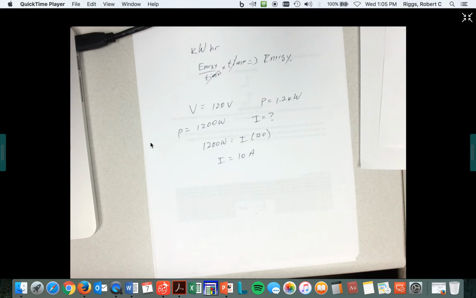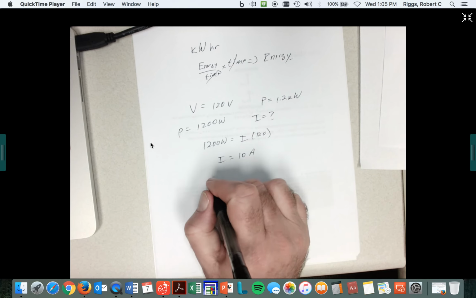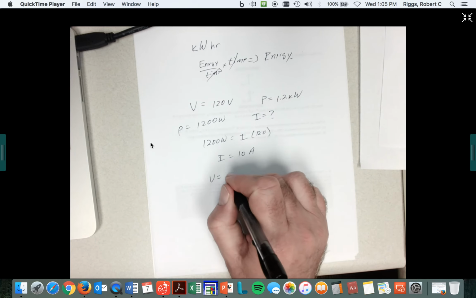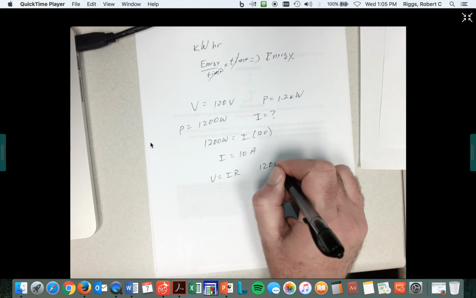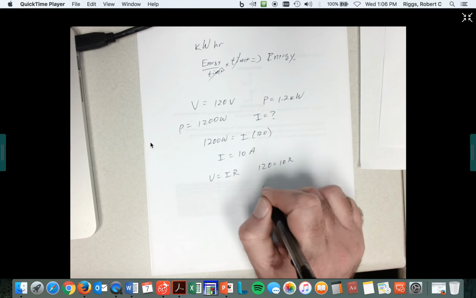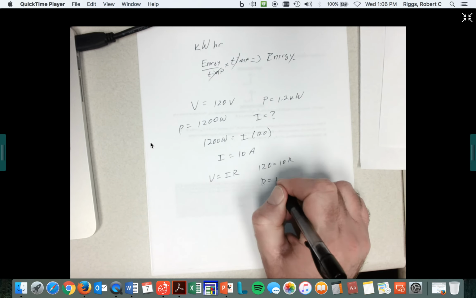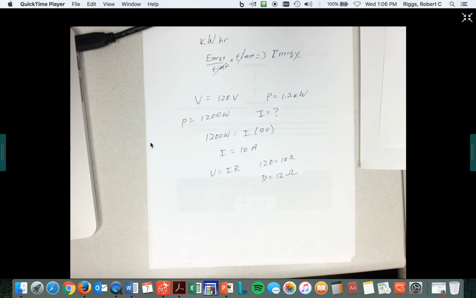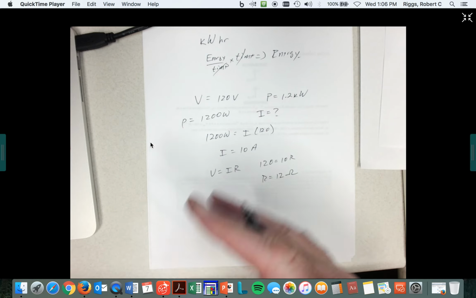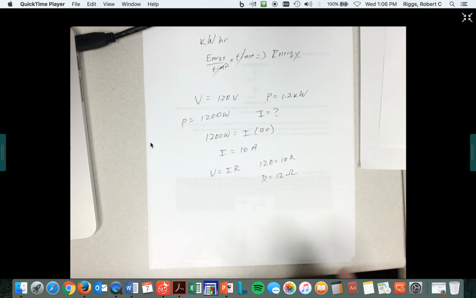That probably wasn't a good example. But what's the resistance? Well, I know that V equals IR. So I've got 120 is equal to 10 times R. So the resistance is 12. Well, I know that's crazy. That's a made-up problem, so that's a bad problem. But you see the algebra, and it works that way.